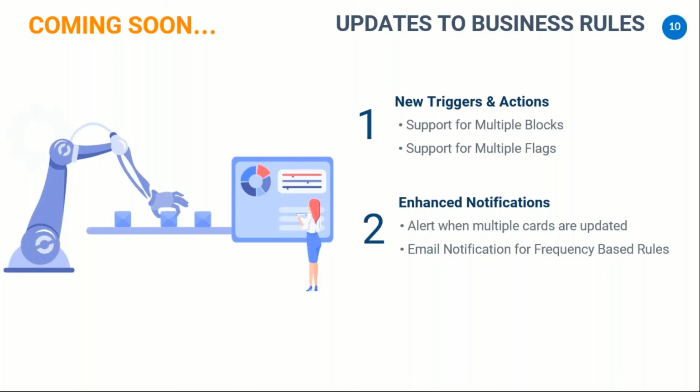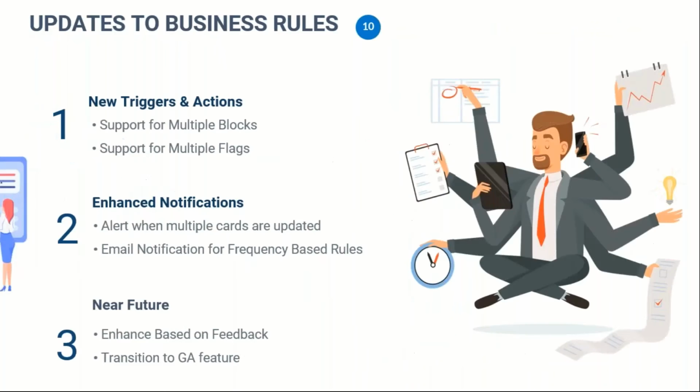And for the frequency based notifications, you will also receive an email notification. In the near future, we are going to try and update this further. Of course, we will be relying on the feedback from all our customers to help us grow this capability and to serve your business needs, and eventually also transition it into a GA feature.